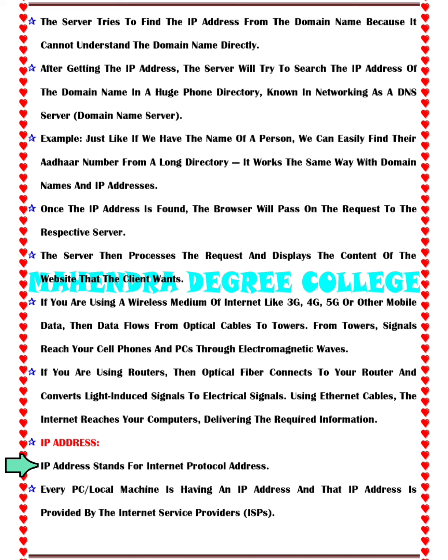Types of IP addresses. IPv4 uses 32 bits. Example: 192.168.1.1. IPv6 uses 128 bits.